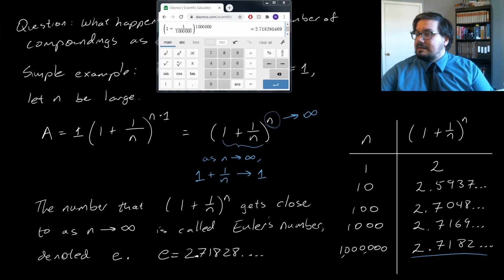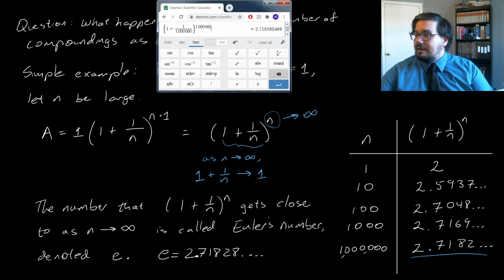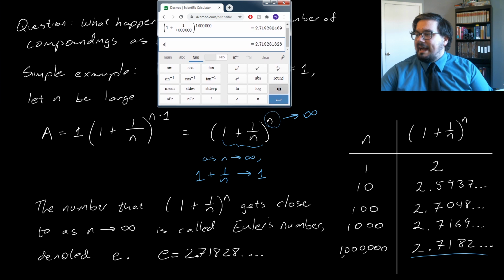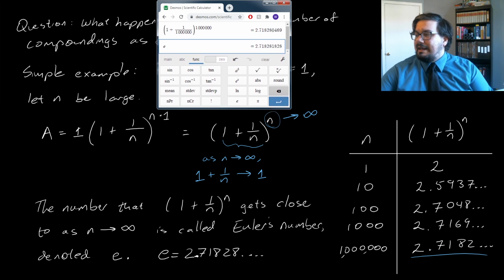Most calculators have a button which will give you the number e, and so here, for instance in Desmos, we've got the number e, and you'll notice that it's actually very, very close to what we had before, 2.71828.